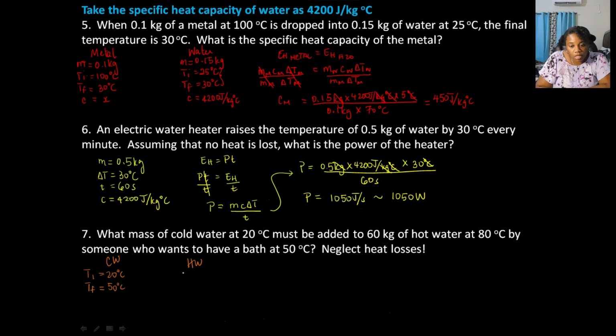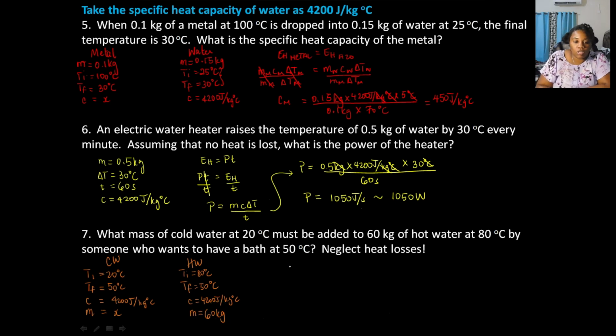Hot water has an initial temperature of 80 degrees Celsius, and the final temperature for that should be 50 degrees Celsius. c would be 4200 because it's water. And then they want to know what mass of cold water. Did they have a mass for hot? Right, they have a mass for hot, which is 60 kilograms.